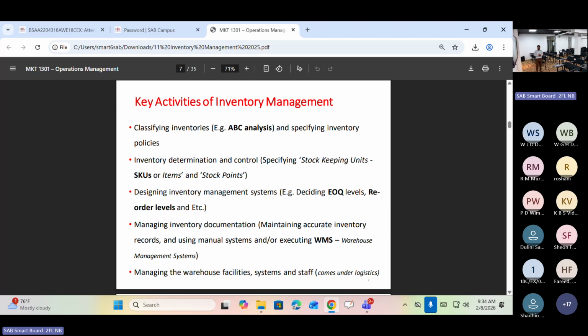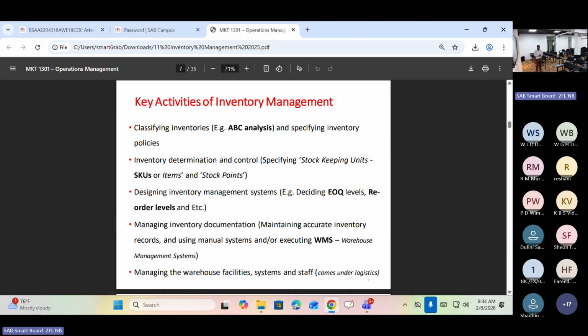We call them stock points. So inventory determination, that is specifying SKUs for items and where they should be maintained, the stock points, and controlling those is another main activity of inventory management.